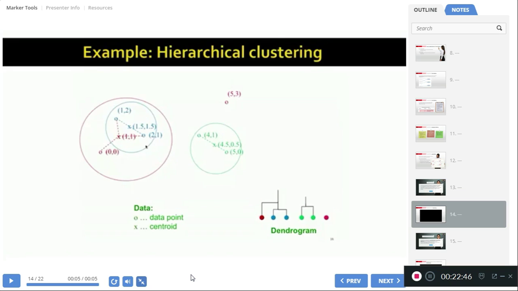And similarly along the y-axis. So now we have 3 clusters, one with centroid 1, 1, another with centroid 5, 3, and a third with centroid 4.5, 0.5. When we measure the intercluster distances between these 3 centroids, we determine that the 2 closest are 5, 3 and 4.5, 0.5. So we can combine those, and that new cluster has centroid 4.7, 1.3.